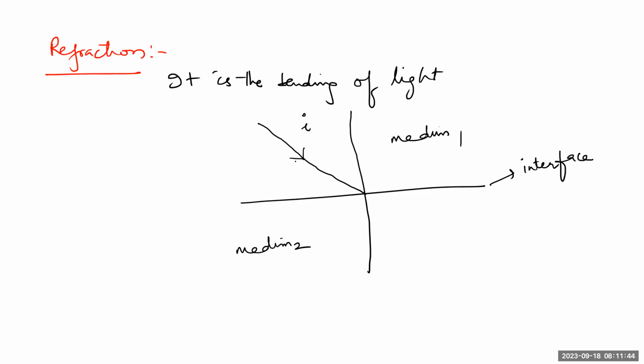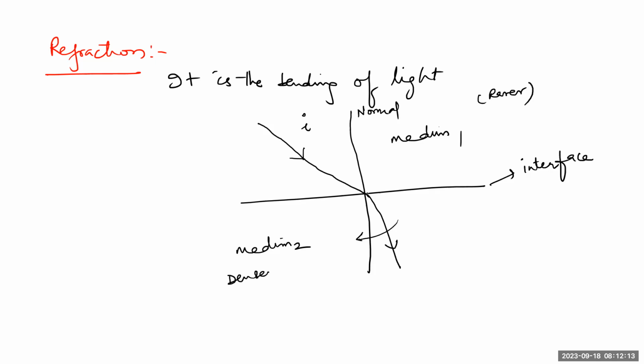If the light encounters the interface, after encountering that interface it bends somewhat. It bends like this. If it is bending towards the normal, this line is called the normal, we say that medium 1 is a rarer medium and medium 2 is a denser medium, right?